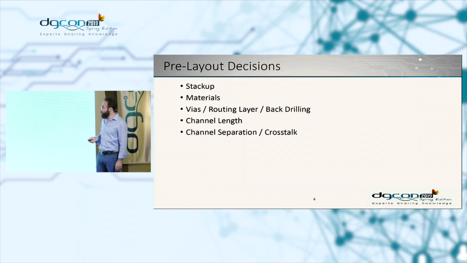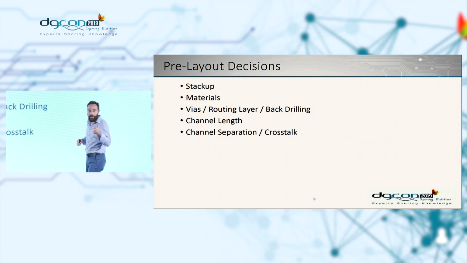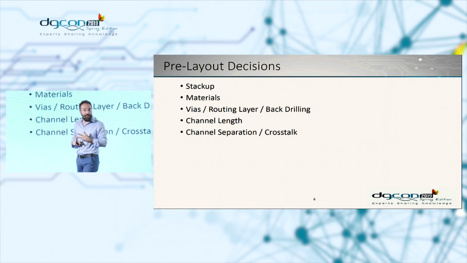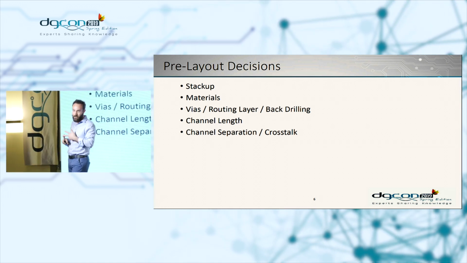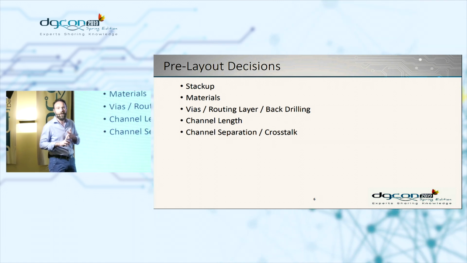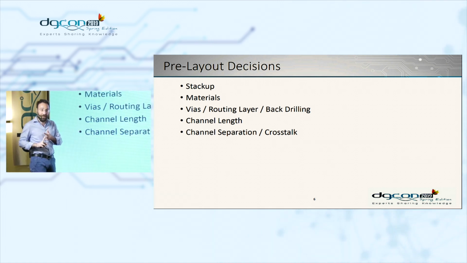As you know, one of the most important things is to choose the stack-up and the correct material, and to characterize the correct material, because in most cases the vendors give you some numbers, but the question is how close these numbers are to reality.